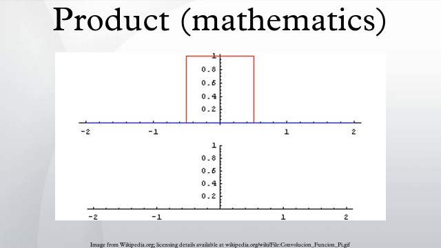Other products: Hadamard product, Kronecker product. The product of tensors: wedge product or exterior product, interior product, outer product, tensor product. A function's product integral. The product integral is also known as continuous product, or multiplical.